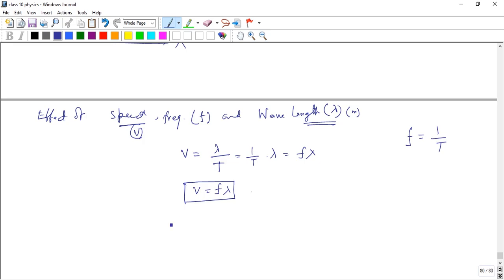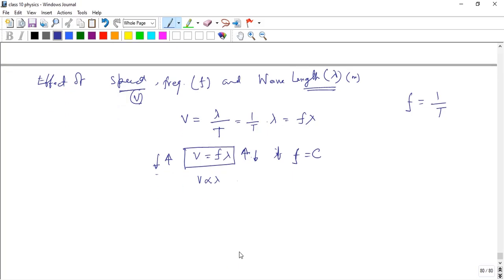So if velocity increases, wavelength also increases, if frequency is constant. If velocity decreases, wavelength also decreases. So they are directly proportional: v is directly proportional to lambda.